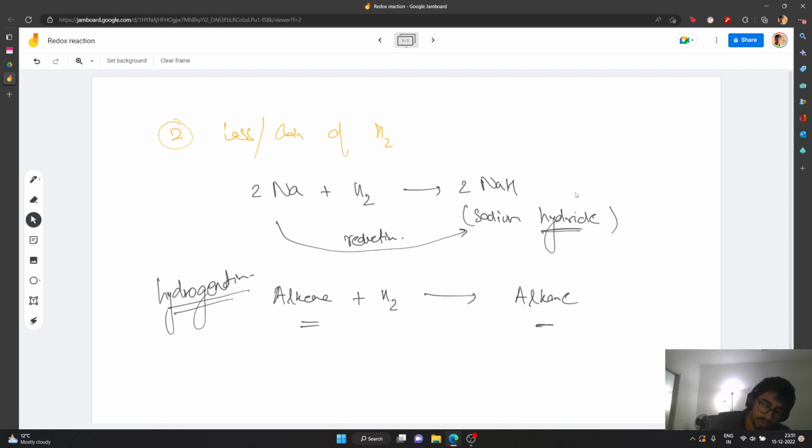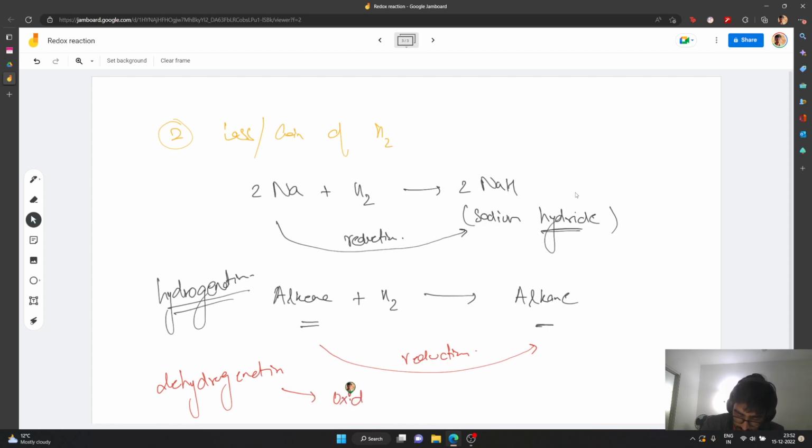Something like this would be reduction. And similarly, dehydrogenation. Remember that this is different from dehydration, which was water. This is hydrogen. Dehydrogenation will be an example of an oxidation reaction. Okay, fair and square.